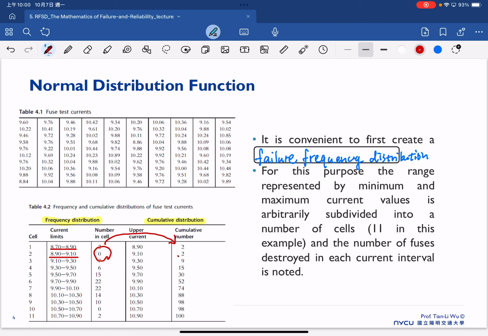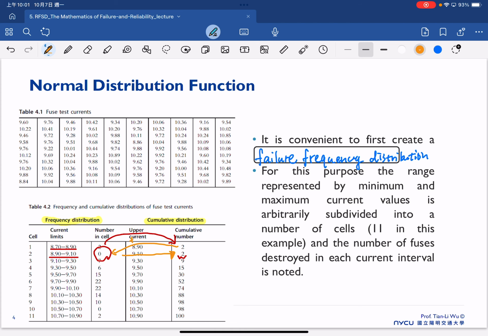Therefore your cumulative number will still be the same, because the cumulative number is a summation of all the fuses failing below this current range. So this value plus this equals this one, and this plus this equals this one. That's the cumulative number.